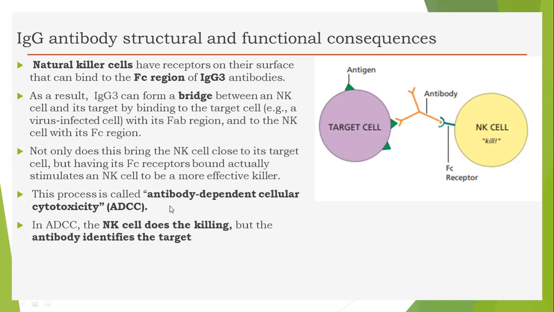And this brings in the concept of antibody-dependent cellular cytotoxicity, ADCC, which is initiated via the NK cells. So the NK cell does the killing, but the antibody identifies the target. Okay, so the antibody via its Fab region is able to bind to the antigen, which is on the surface of the target cell or infected cell.